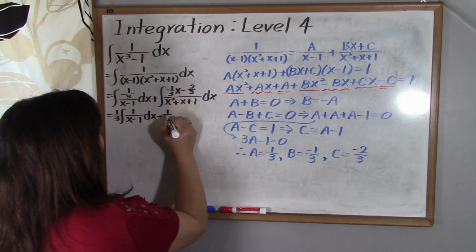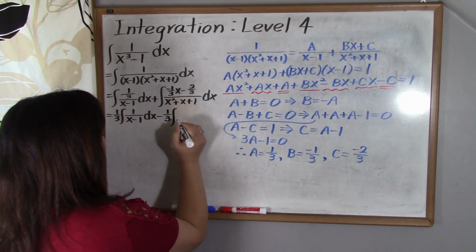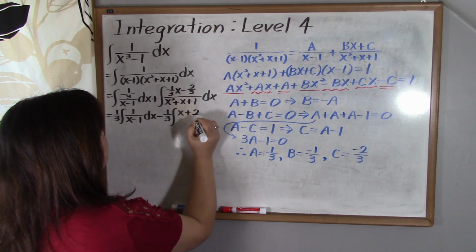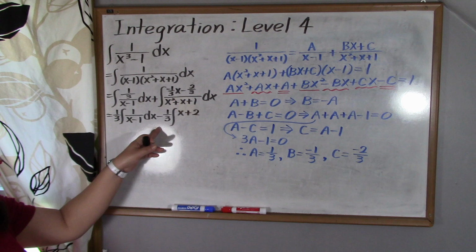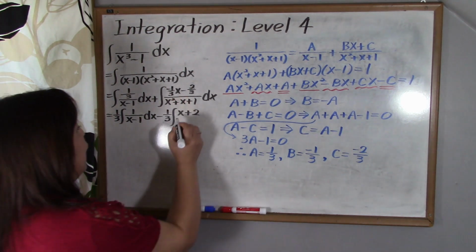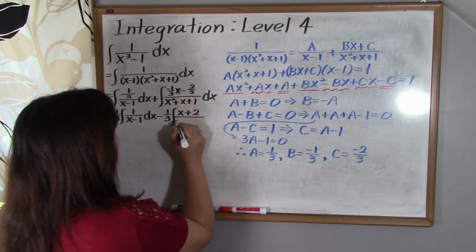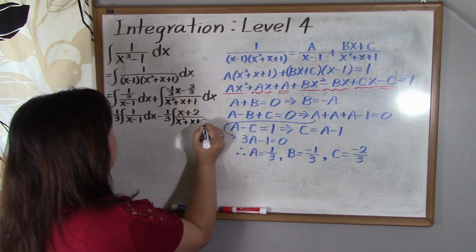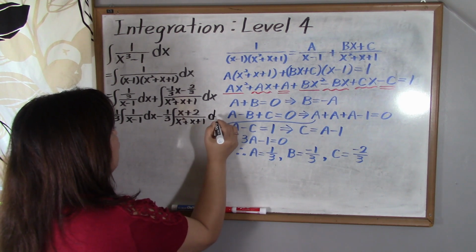Negative 1 over 3 integral of x plus 2, right? Plus 2 because negative 1 over 3 times 2 is negative 2 over 3. Okay, so all over x squared plus x plus 1 dx.